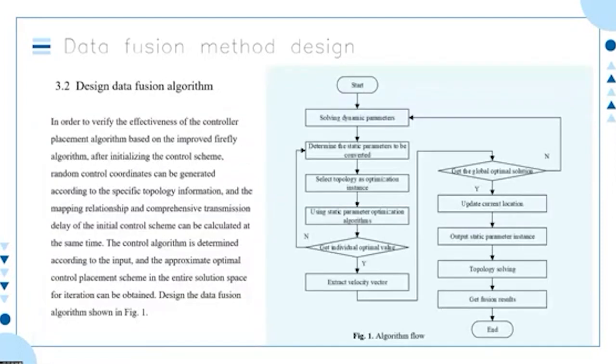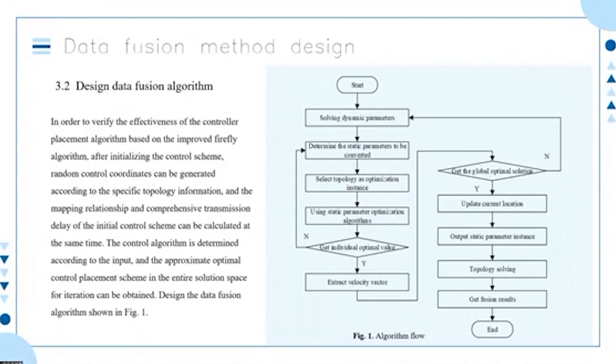And the design's data fusion algorithm. In order to verify the effectiveness of the controller placement algorithms based on the improved Firefly algorithm, after initializing the control scheme, read and control coordinates can be generated according to the specific topologies information, the mapping relationship, and the comprehensive transmissions delays on the initial control scheme can be calculated at the same time.